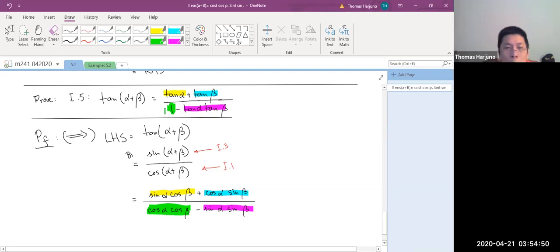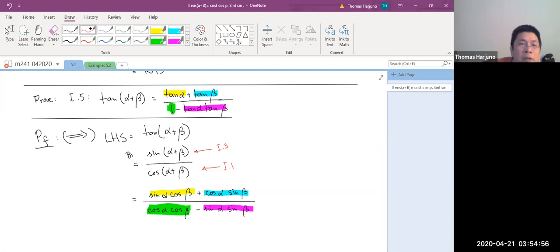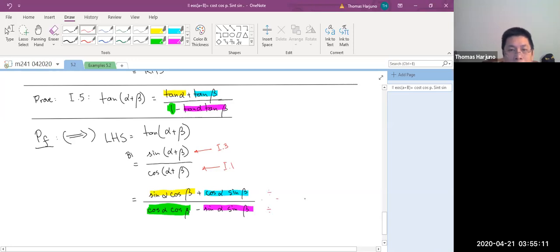To make this green part become 1, I will divide the top and the bottom by cosine alpha cosine beta.